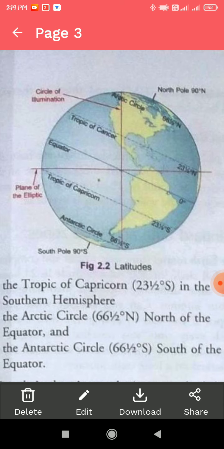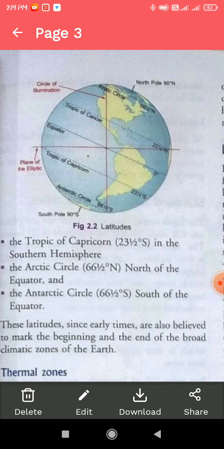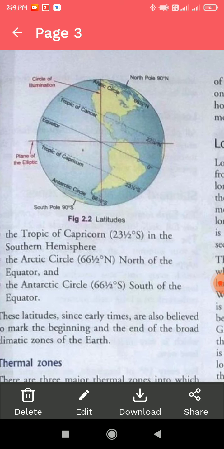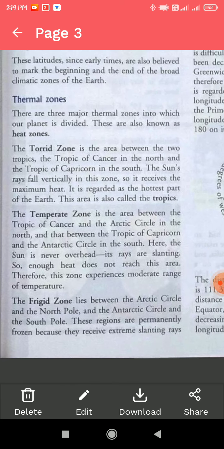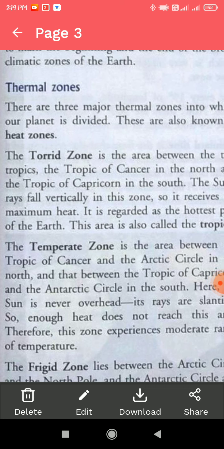That's why enough heat does not reach this area. So this zone experiences a moderate range of temperature. The temperature is medium, not high, not low. That's why the name of this zone is temperate zone.